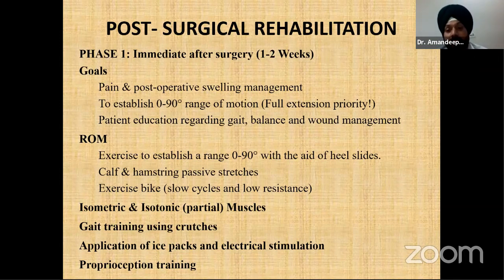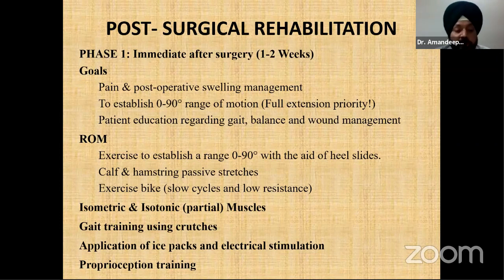Otherwise, it is going to be problematic to establish full extension. Then patient re-education regarding gait, balance, and wound management. In this, we give range of motion exercises using heel slides, then calf and hamstring passive stretches, and the exercise bike we can make use of in the initial phase, depending on the patient's condition.